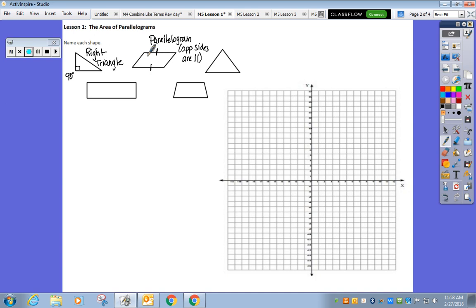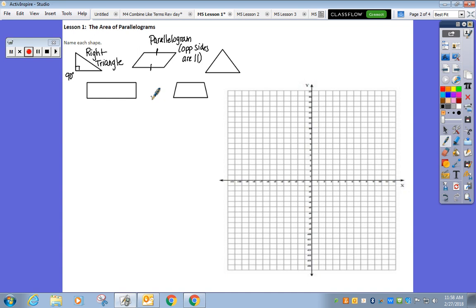If I were to continue drawing these lines on forever and ever, they would never touch. That's what parallel means. And the same thing with these opposite sides. This side and this side, if I were to continue drawing those on forever, they would never touch each other. So that's what a parallelogram says. The opposite sides are parallel.